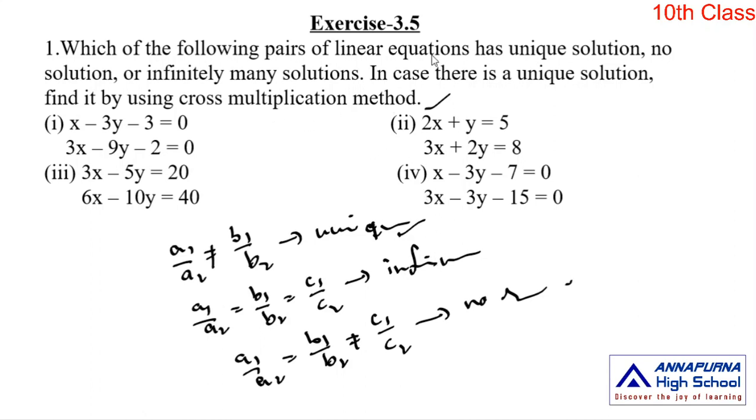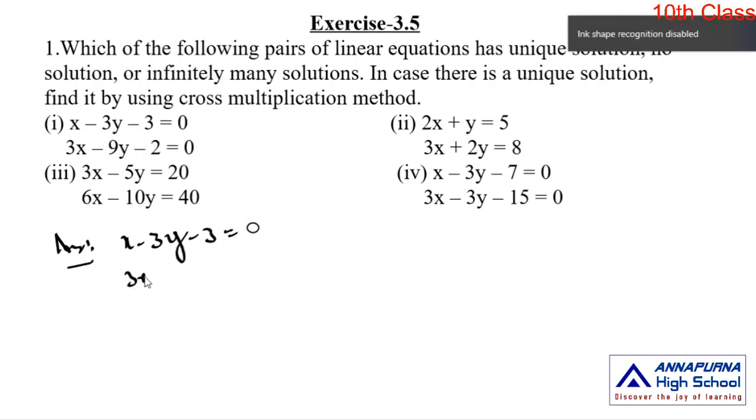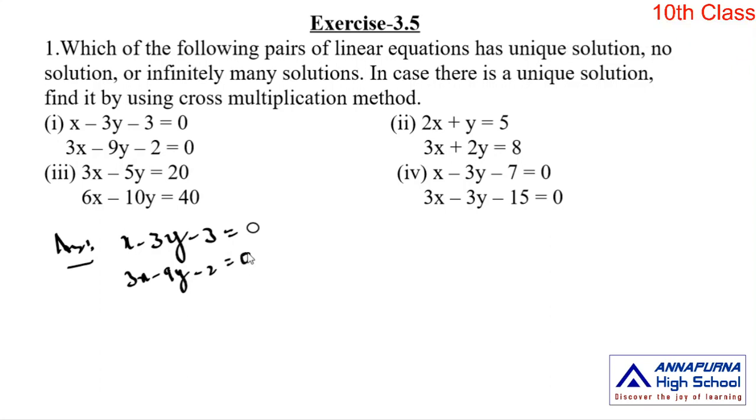Let us take the first pair. Here the first pair is x minus 3y minus 3 is equal to 0 and 3x minus 9y minus 2 is equal to 0. First find out the number of solutions of these two equations by comparing the ratios of corresponding terms.